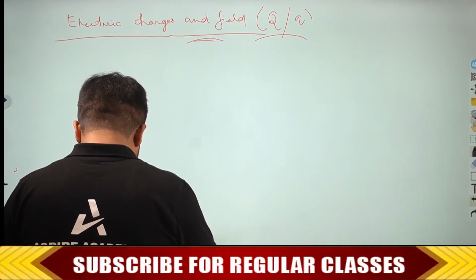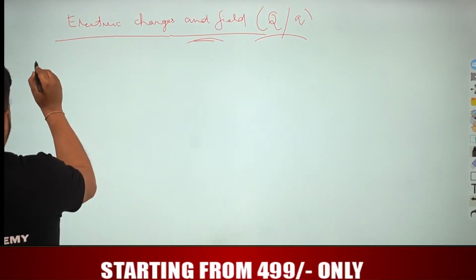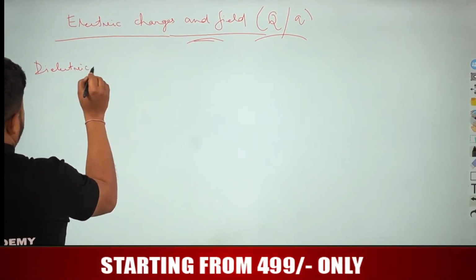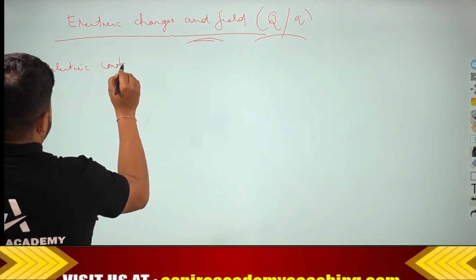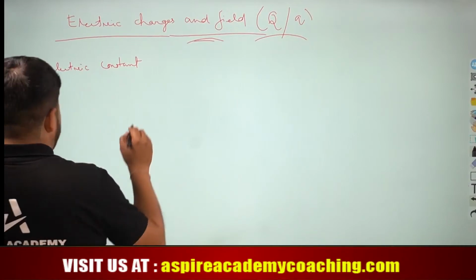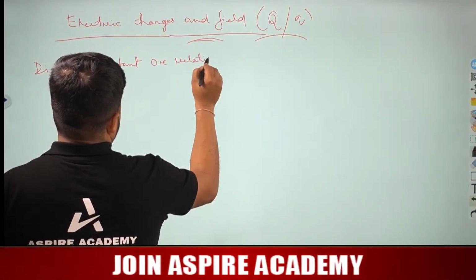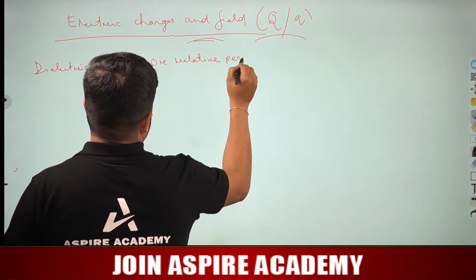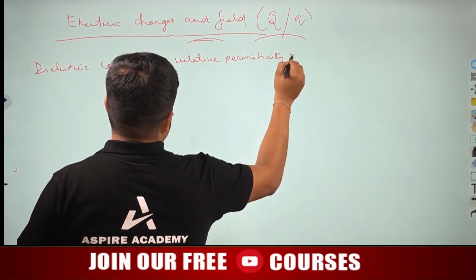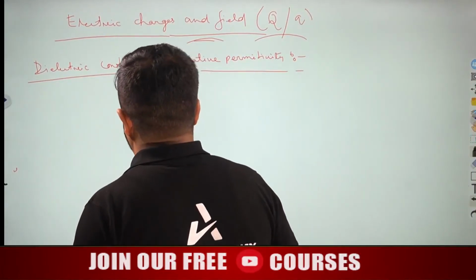Next, in this chapter, the dielectric constant or relative permittivity. This is a very important topic.